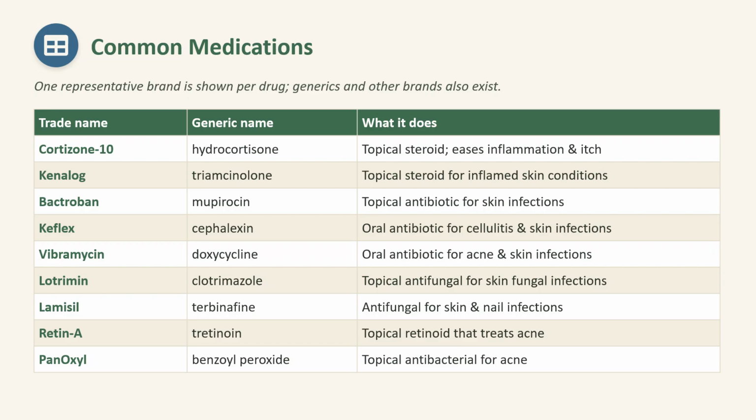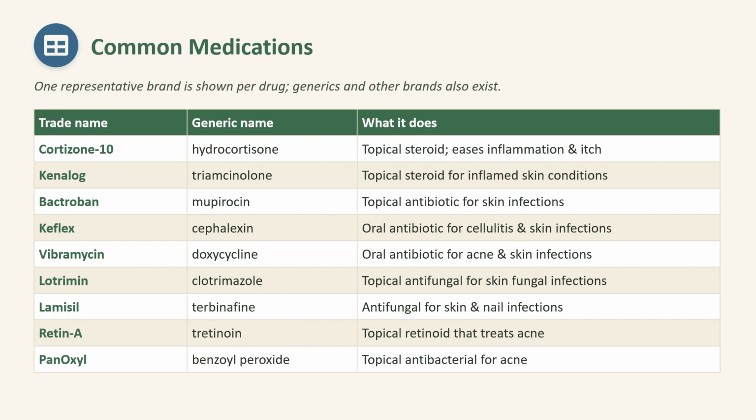Then two antifungals: Lotrimin, which is clotrimazole, and Lamisil, which is terbinafine, especially for nail infections. And finally, the two acne agents that map to the drivers we discussed: Retin A, tretinoin, a retinoid that unclogs the follicle, and panoxyl, which is benzoyl peroxide that kills acne bacteria.